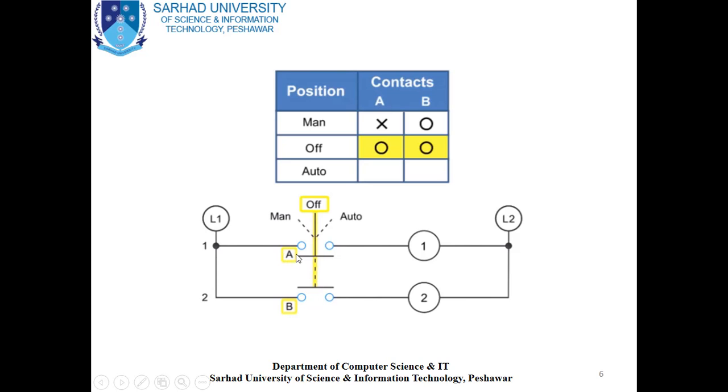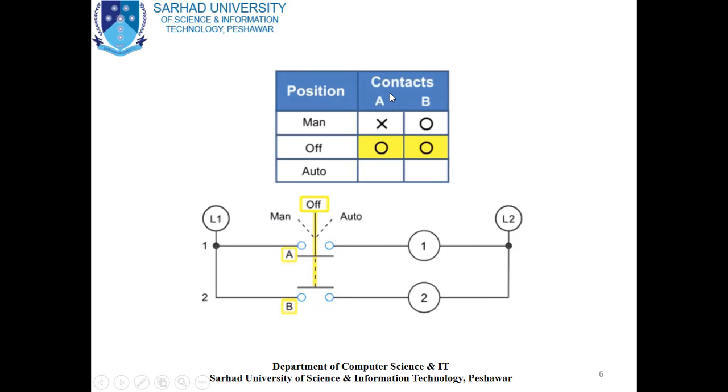So in position A the contact is open, and in B the position of the contactor is open. In both cases contact is open, so the selector switch is in off position.